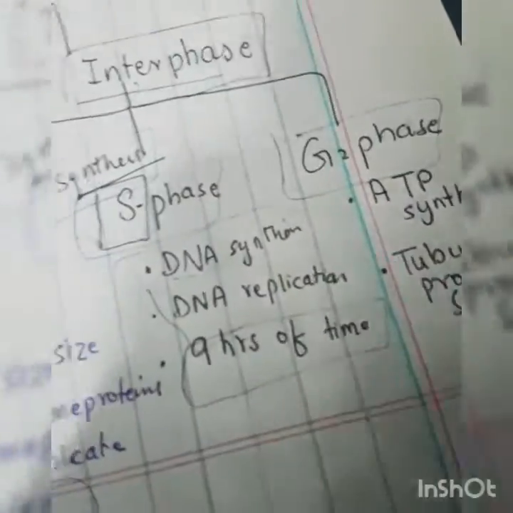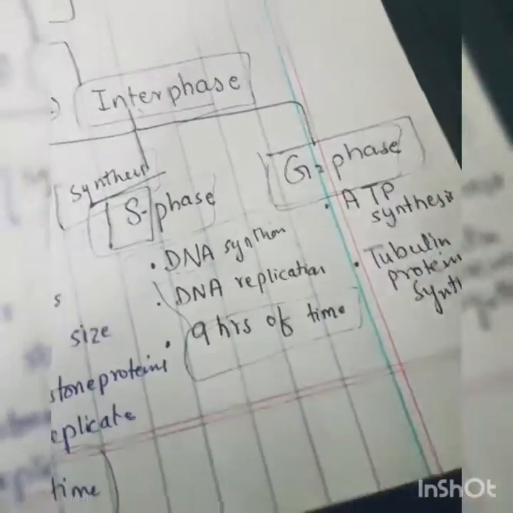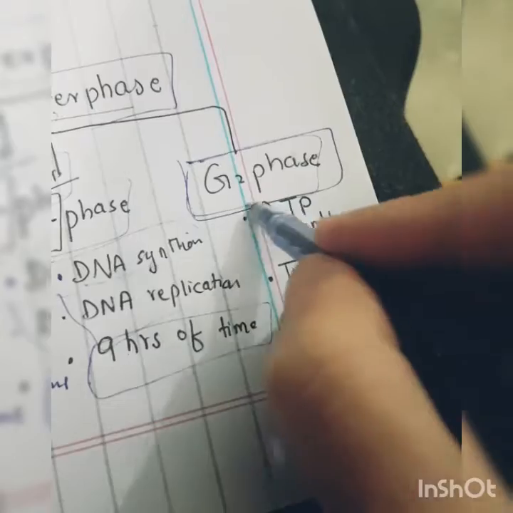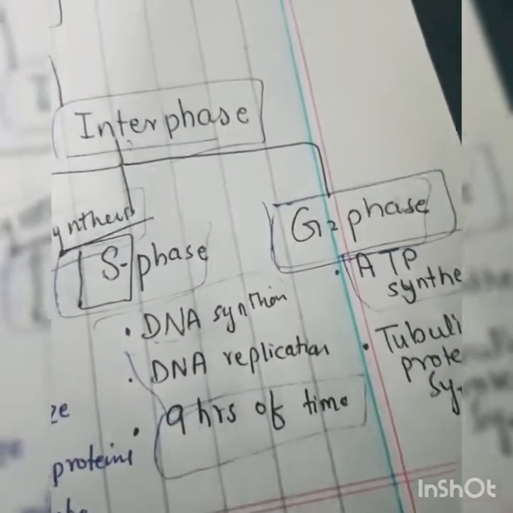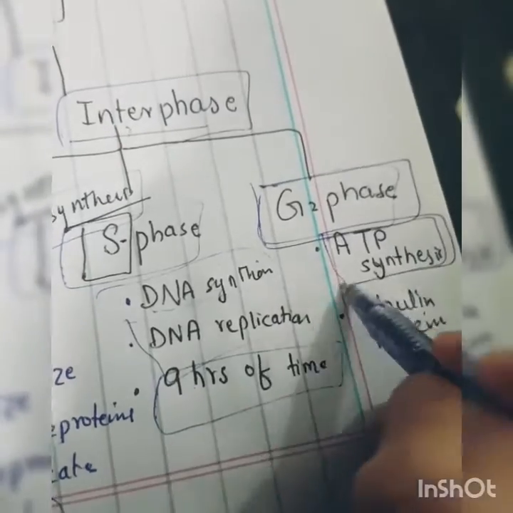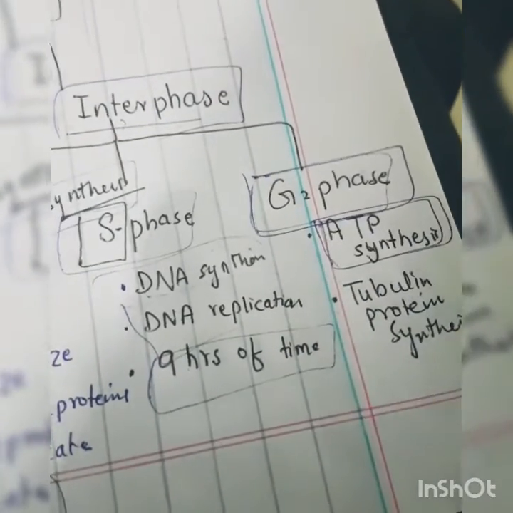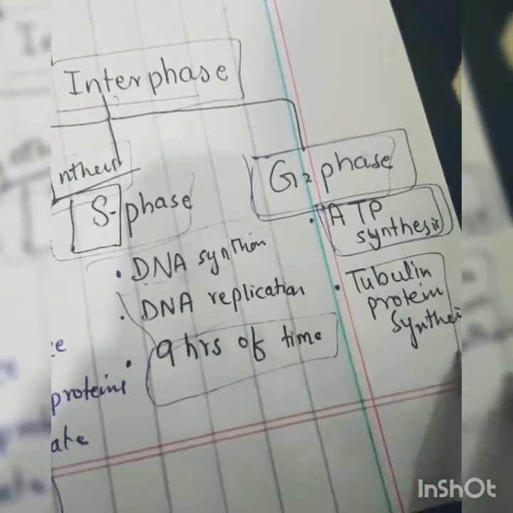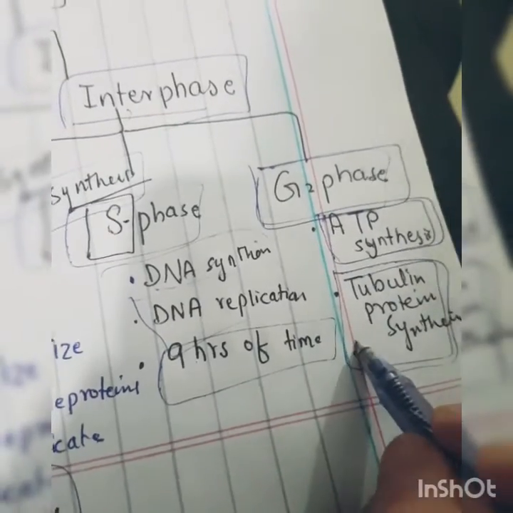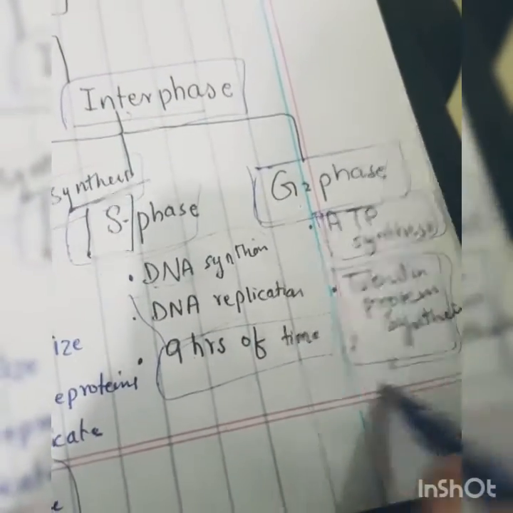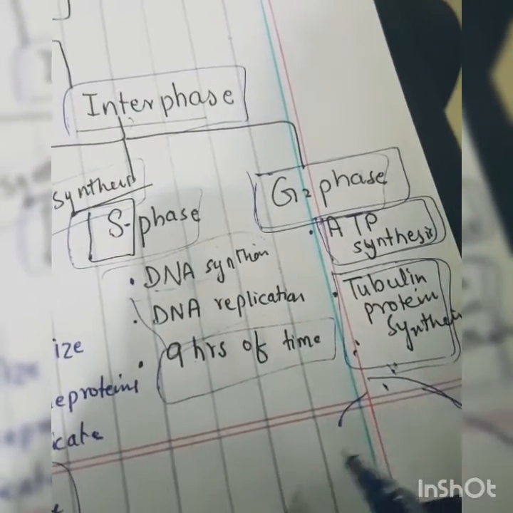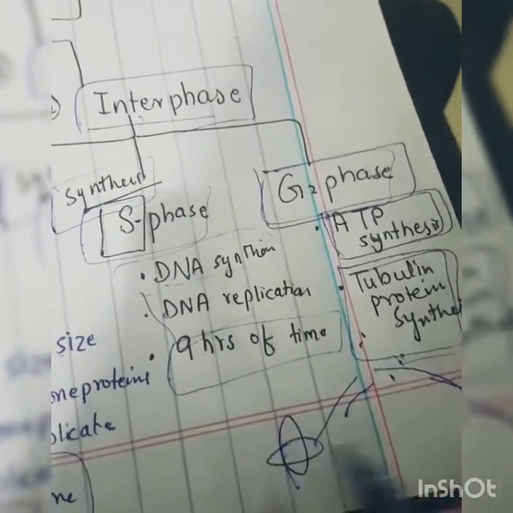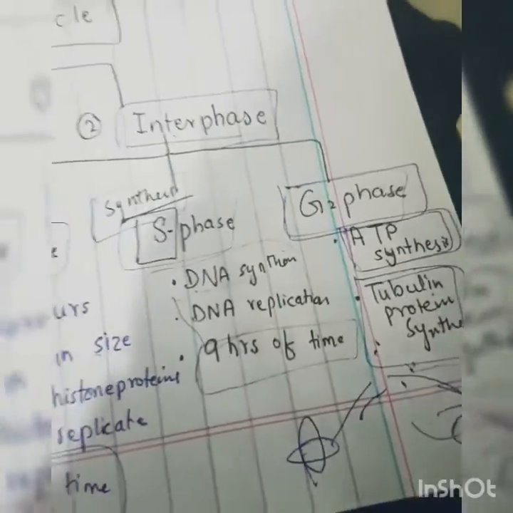In G2, ATP, the energy currency, is synthesized because we need energy for mitosis and further cell division, and tubulin protein is synthesized, which is important for the production of microtubules. The spindle fibers arise from the microtubules. This is the microtubule structure.